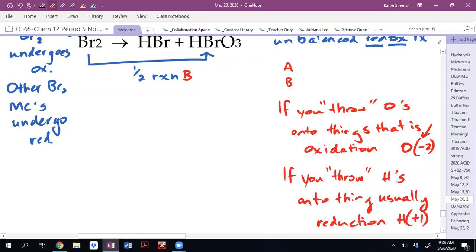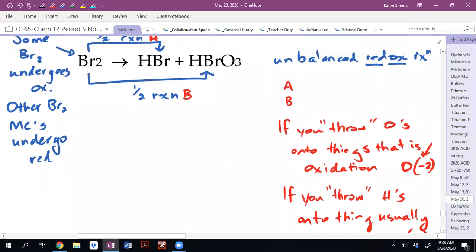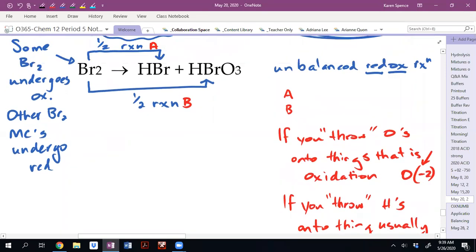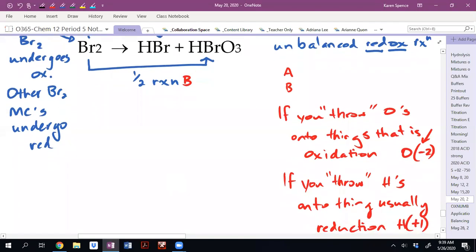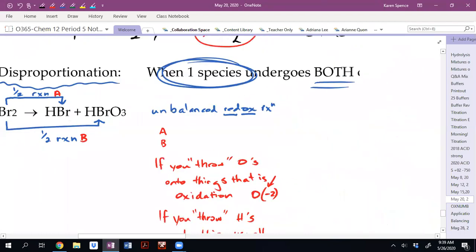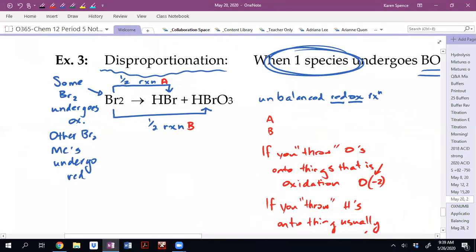So you have put something on there that's +1. That means that whatever it was before has to become more negative to compensate for that extra positive. And that probably made no sense whatsoever. So if you're like, I don't get that, Ms. Bent, don't worry, it's okay. You can go back to the regular way of just finding the oxidation number and seeing if it got bigger or smaller.